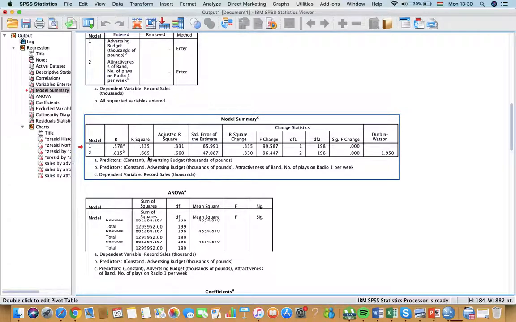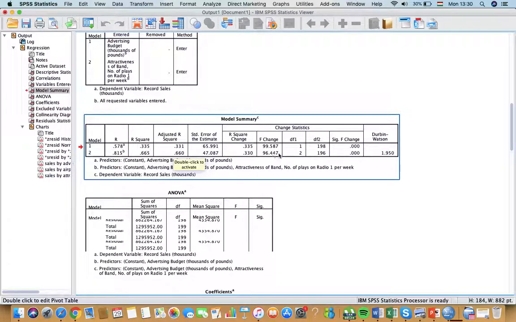And what else? The adjusted R square. This should be as close as possible to the R square, because it shows us how well the model generalizes to the population, and we are very close to the R square, so we are happy.